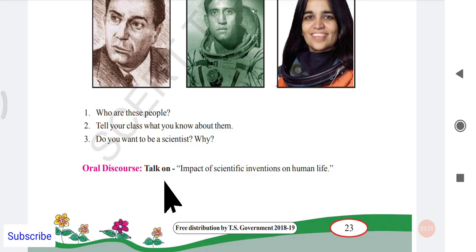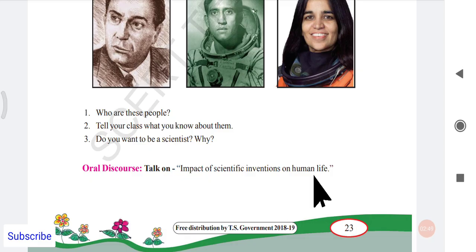Next, you have oral discourse: talk on the impact of scientific innovations on human life. What is the impact of scientific innovations, scientific inventions? Scientific inventions in the sense of mobile, fan, TV, freezer, bikes, mechanisms, all these things. What is the impact of all these on human life?